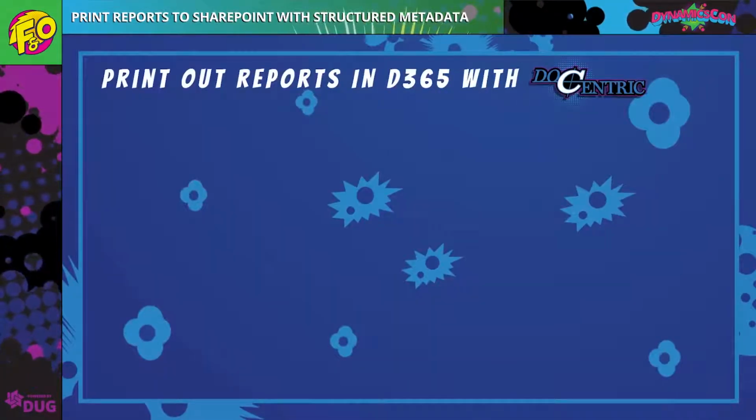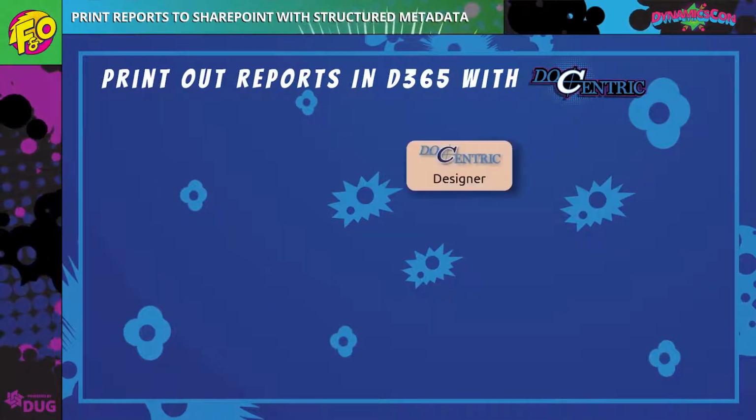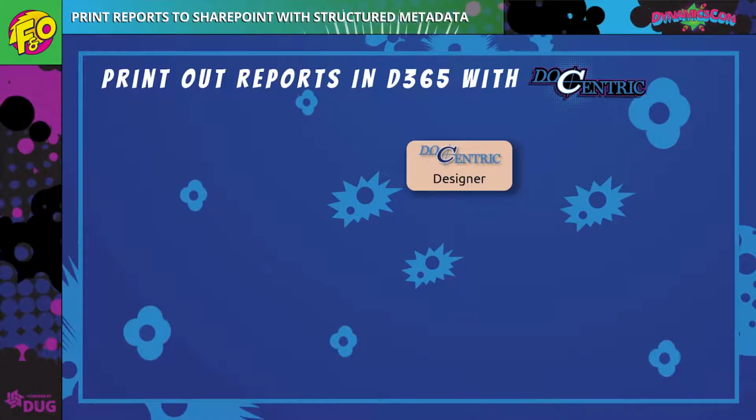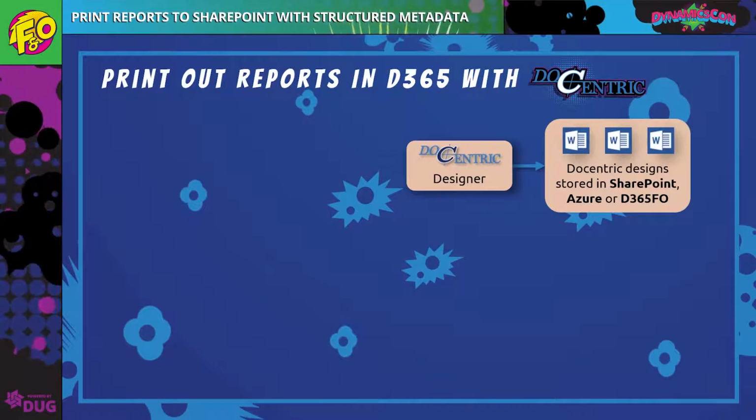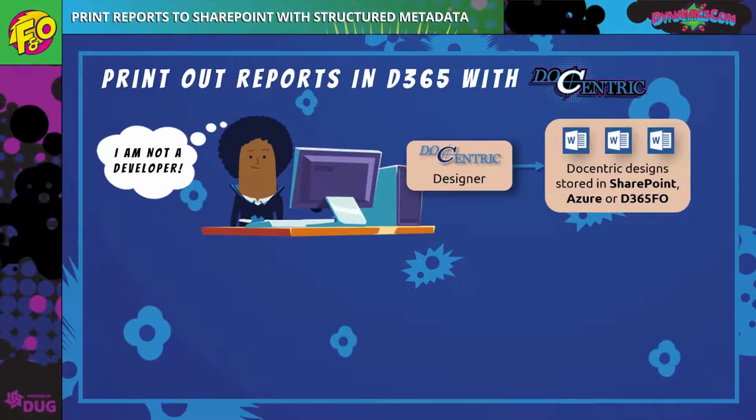Let's now look how Docentric prints out your reports in D365. First, we start with Docentric Designer. We create Docentric designs and we store them either in SharePoint, Azure Blob Storage, or internally in D365 if it's on premises. And for Docentric report design, you don't need to be a developer.